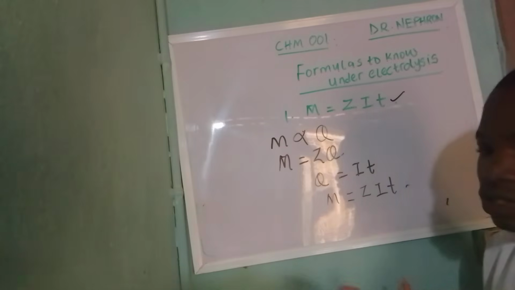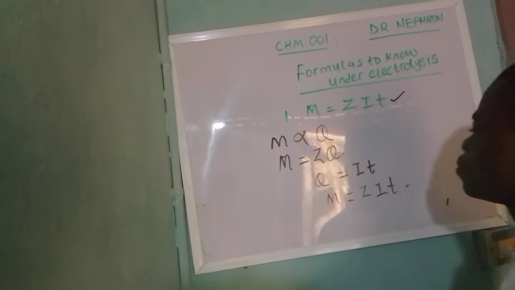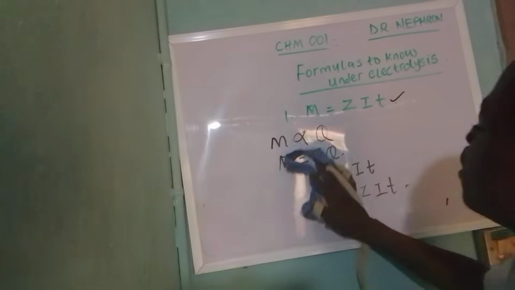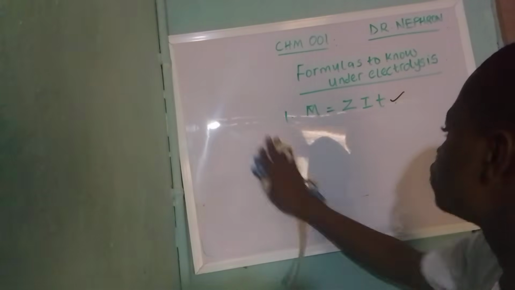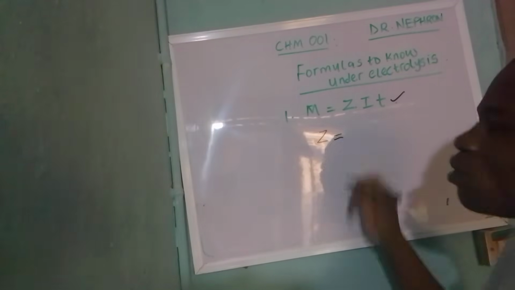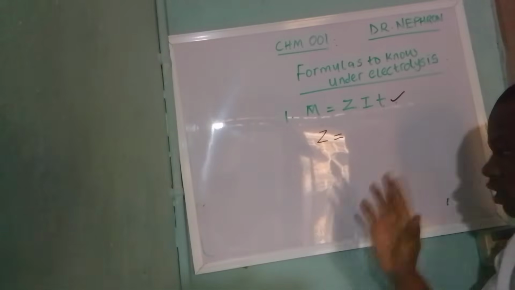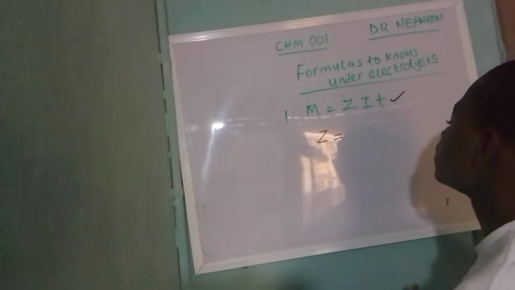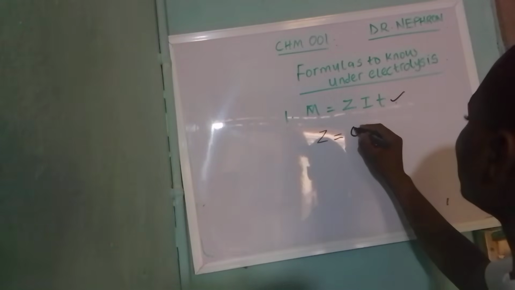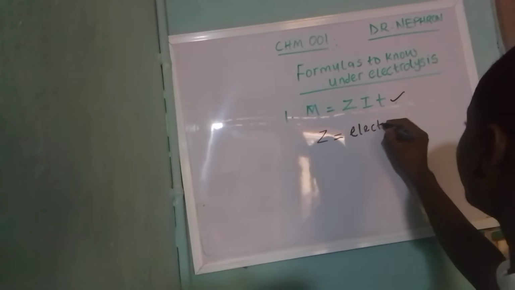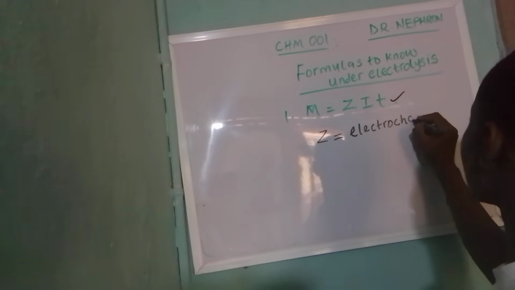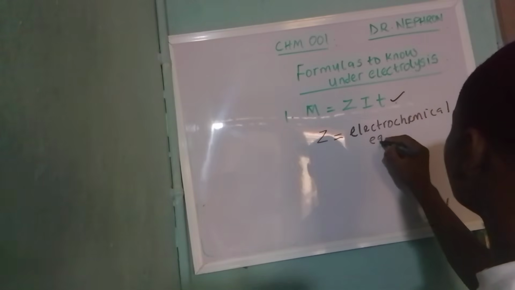Now the second formula to know, but before we continue, what is that Z? This is called the electrochemical equivalent.